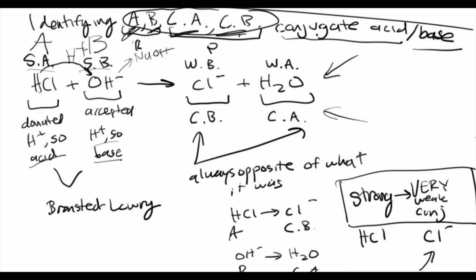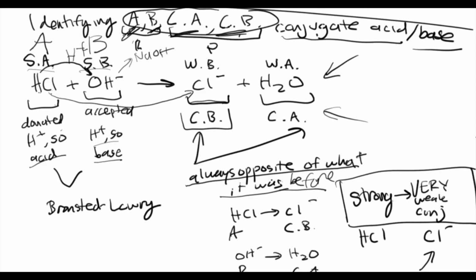Now, when the HCl donates the H+, it will become a Cl-. So its conjugate, or what results after it gives up an H+, will be a conjugate base. Now, to tell you the truth, the rule for identifying conjugates is that the conjugate is always the opposite of what it was before.